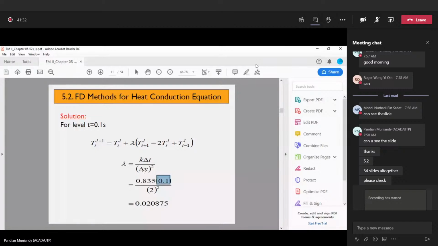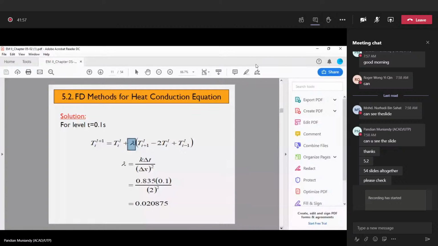So you calculate 0.835 multiplied by 0.1 divided by 4, and you get 0.020875. This is lambda. So take this lambda and substitute it inside here. When we say level T 0.1, the L is 0. Write it down, the L is 0.